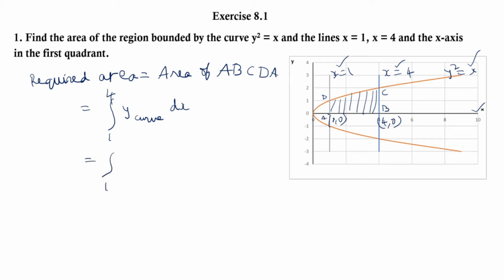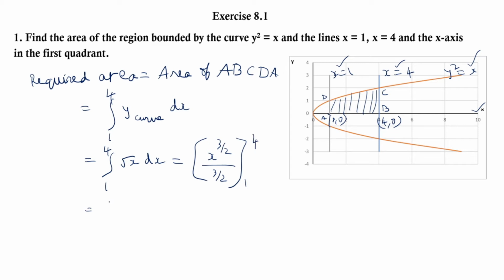This is equal to integral 1 to 4. It is given that y square is equal to x, so y will be equal to root x dx. So integral root x dx is x raised to 3 by 2 by 3 by 2 with the limits from 1 to 4.